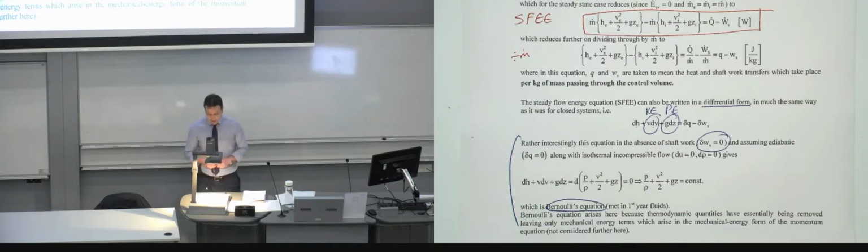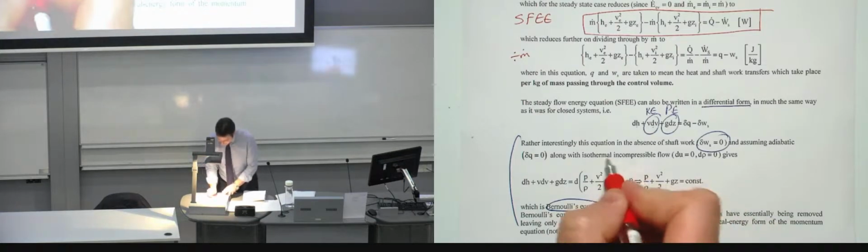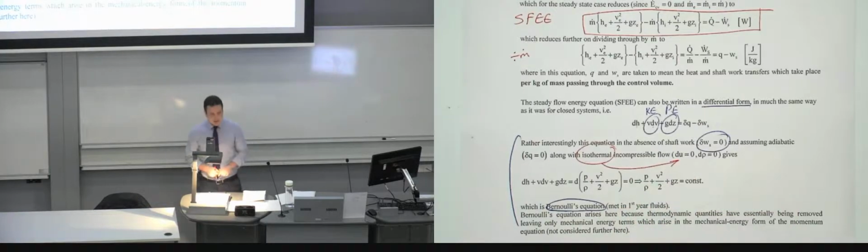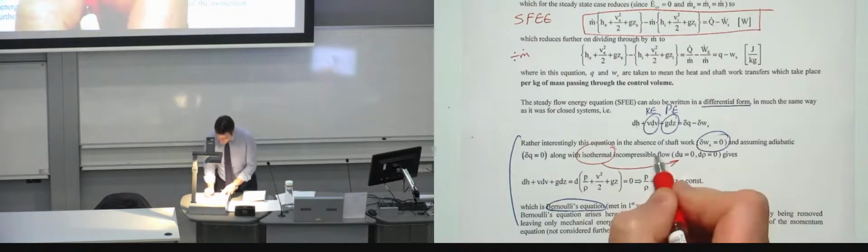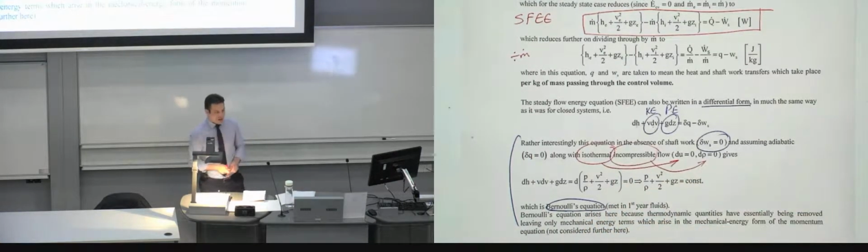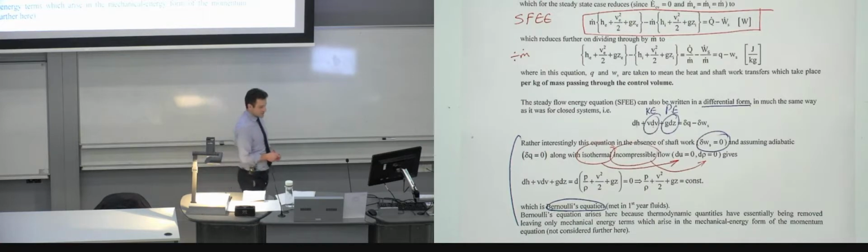If you now also assume that this is isothermal and incompressible, if it's isothermal, then the change in the internal energy is going to be 0, and if the flow is incompressible, then we know that the change in density is going to be 0.